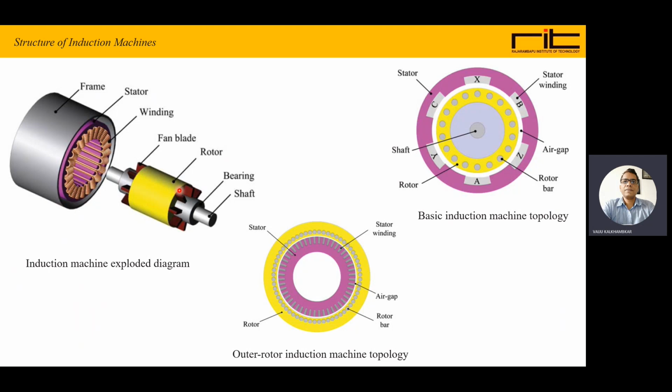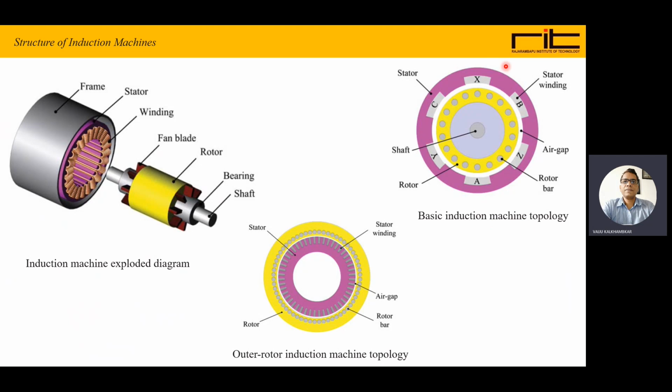Now, based on the type, it will be wound type or it will be squirrel cage type. The wound type will have its winding on this, and squirrel cage will have solid bars on this rotor. And then there is a bearing and shaft, and also there will be the fan for the cooling purpose.